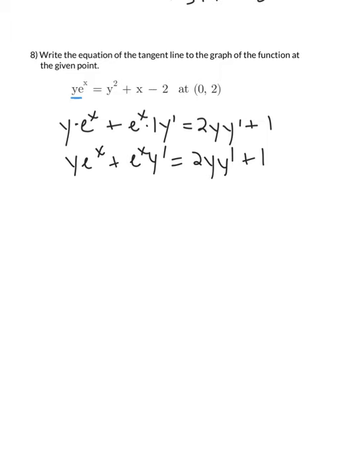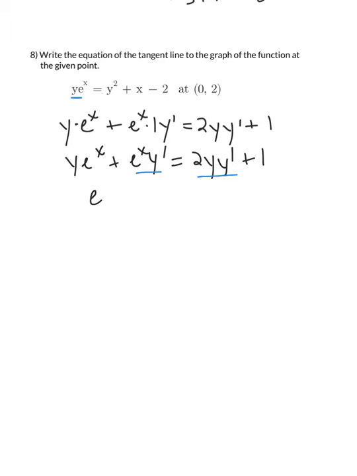You don't have to do that rewrite. If you can see everything well enough in the way you wrote it originally, that is absolutely fine. But notice that we have two different terms with y primes in them on opposite sides of the equal sign. So I am going to get the items with y primes on the left and the non-y prime items on the right.